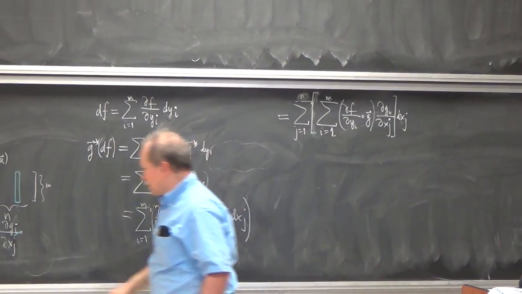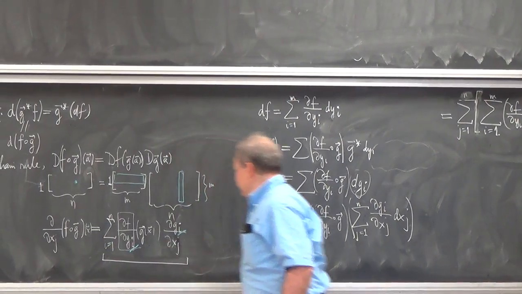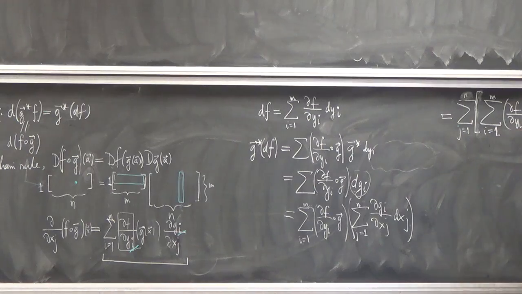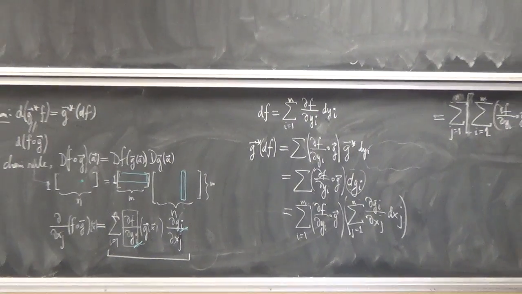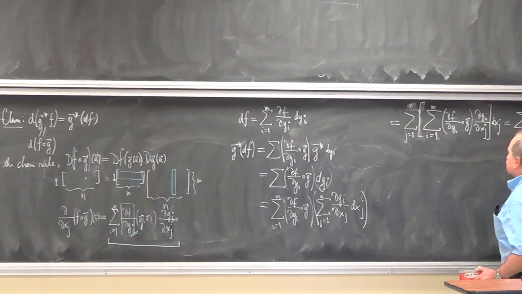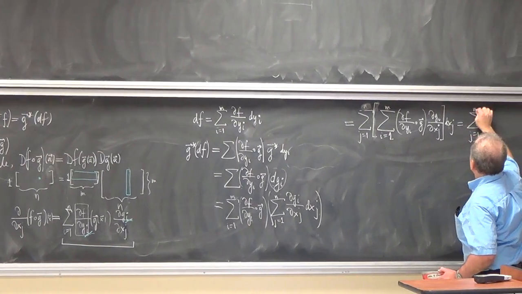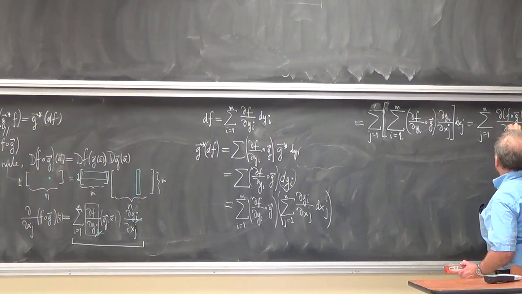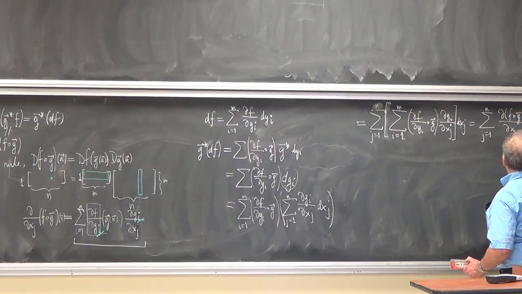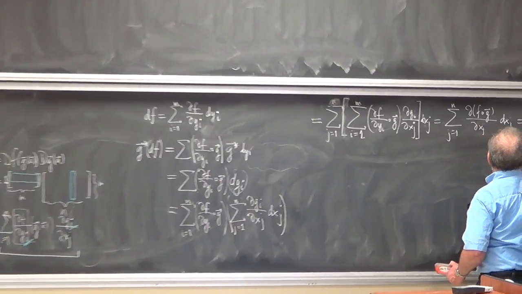Well, isn't that this sum? Yeah. So that means I have the sum of the partial of f∘g with respect to xj, dxj, which is d of f∘g.